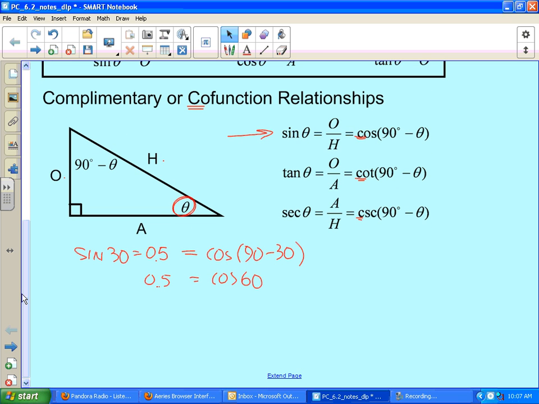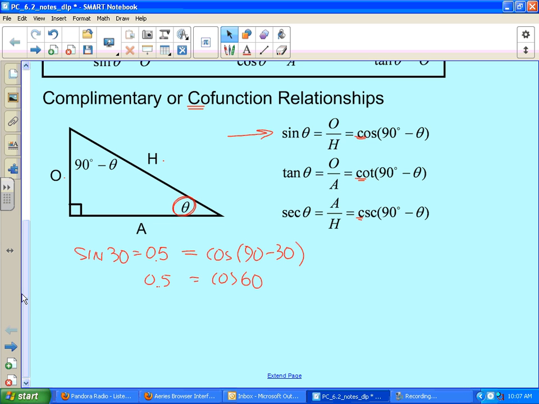Okay, so sine 30. Whatever theta is. So that's 30, and then you take 90 minus. Do you know why we're doing 90 minus? Maybe we should start that conversation.